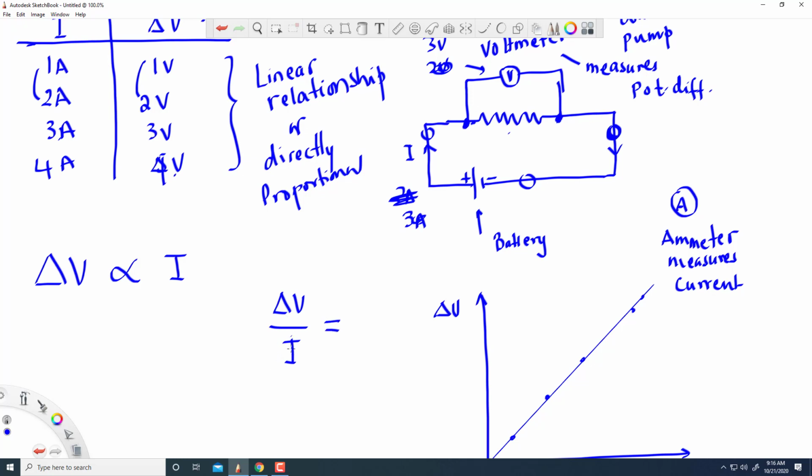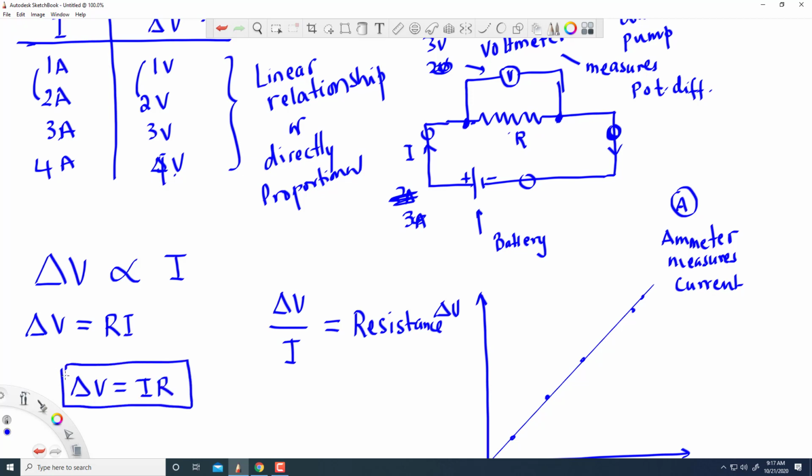We can see that from this data, and that ratio is called the resistance of this resistor. This is denoted by R, and R is basically the proportionality constant. So delta V is basically current times resistance.